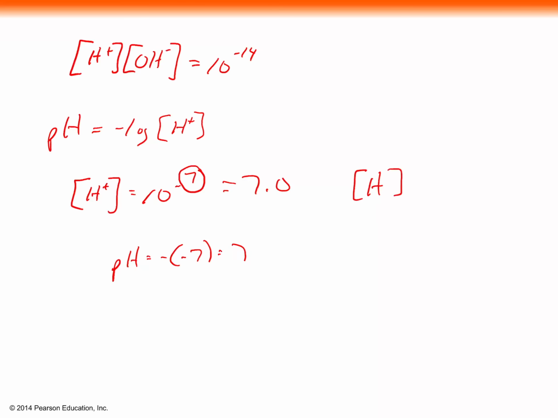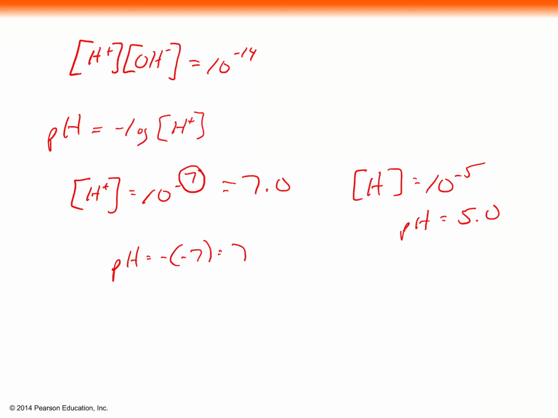What if your proton concentration equals 10 to the minus 5th? Your pH then equals 5.0. All right. Now remember, I said that your proton concentration multiplied by hydroxide concentration has to equal 10 to the minus 14th, right?